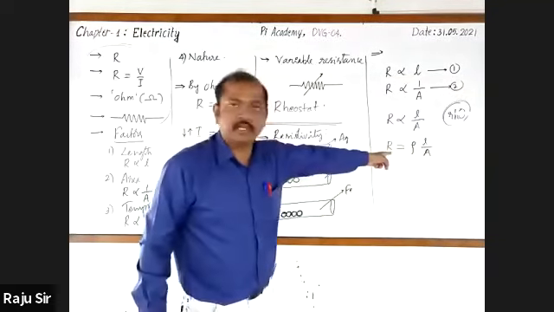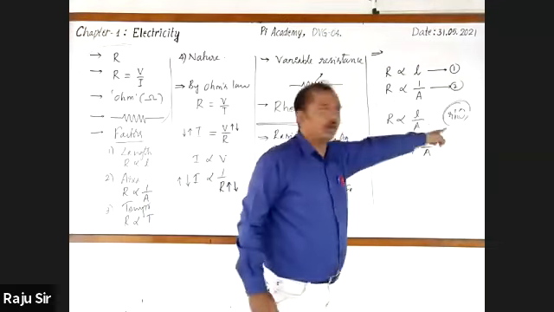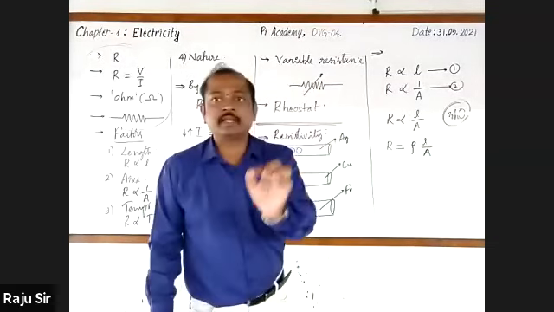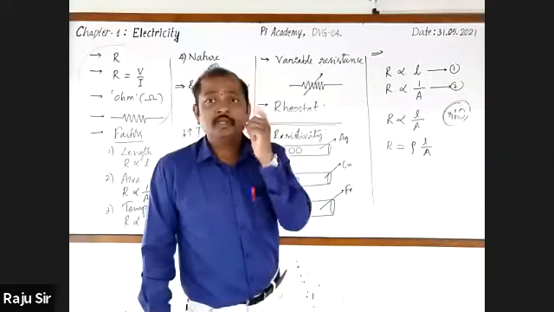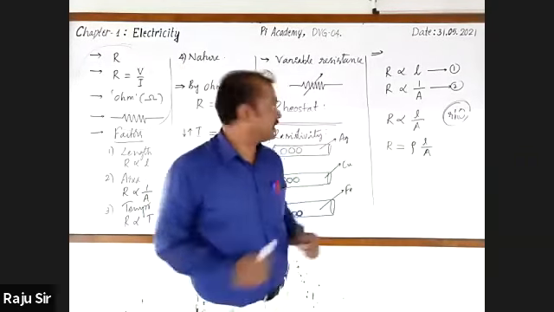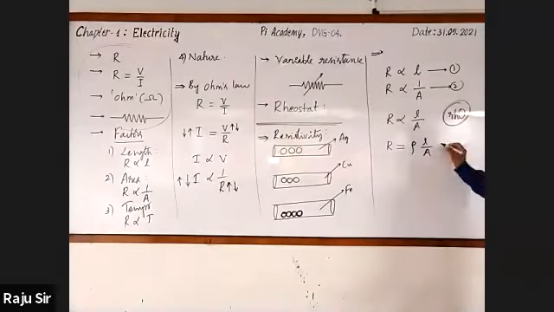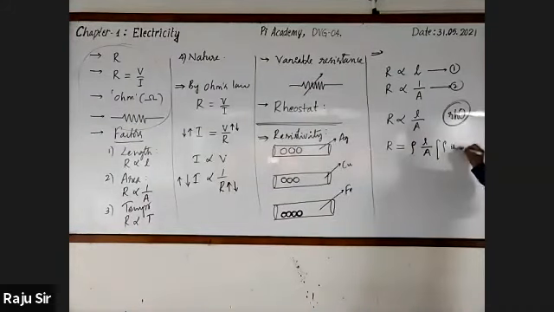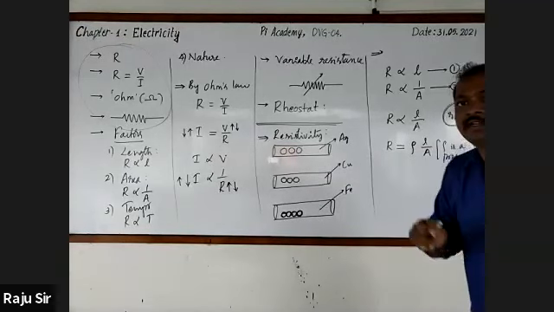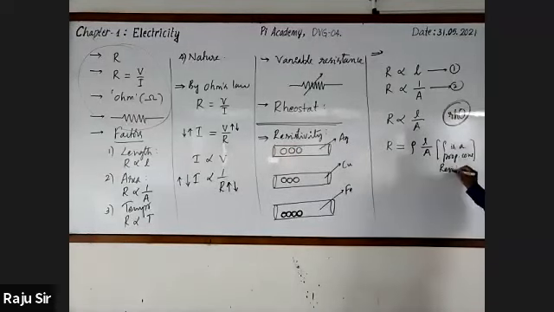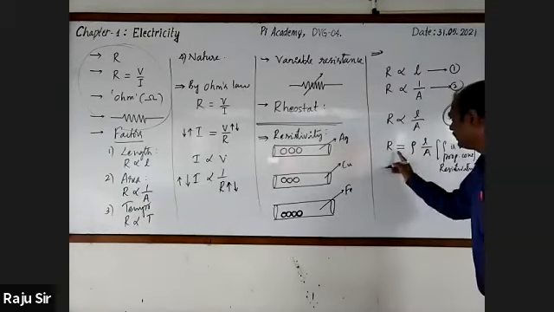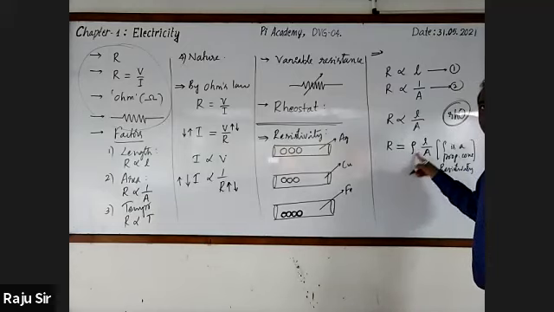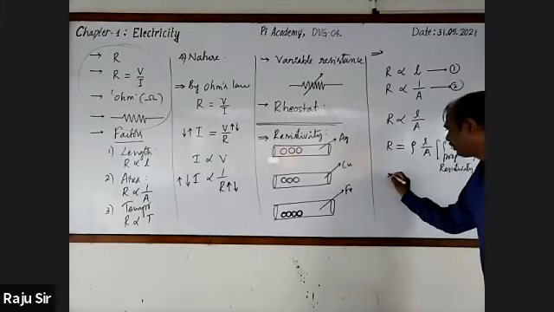This is one of the Greek letters. Here, this Greek letter is used as a proportionality constant, and we take this proportionality constant as resistivity or electric resistivity. So R is equal to rho into L by A.